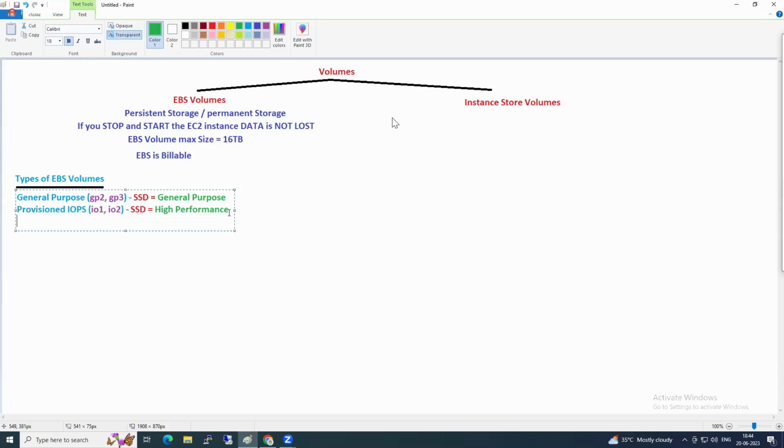First, let me list down all these things. And then we have throughput. We call it ST1. This is HDD, for frequently accessed data with a cheaper price. Go for this. And there is something called cold, which is SC1. HDD only.